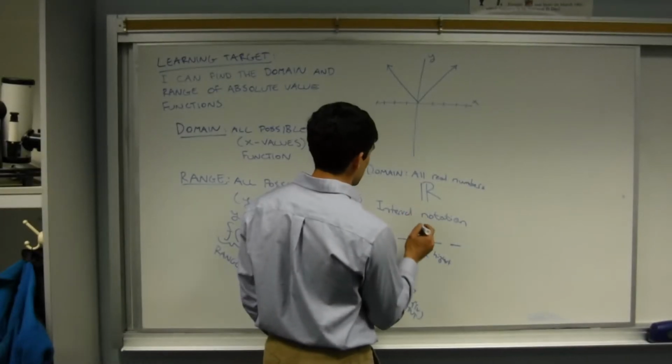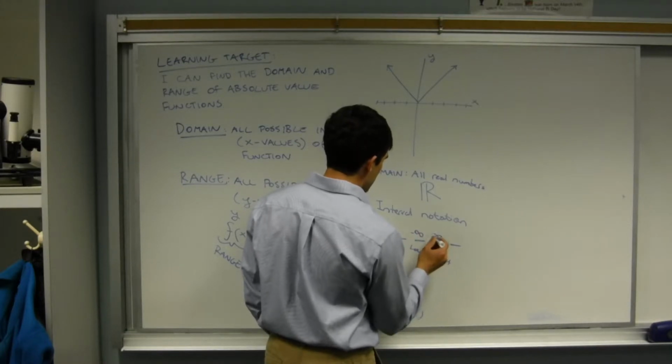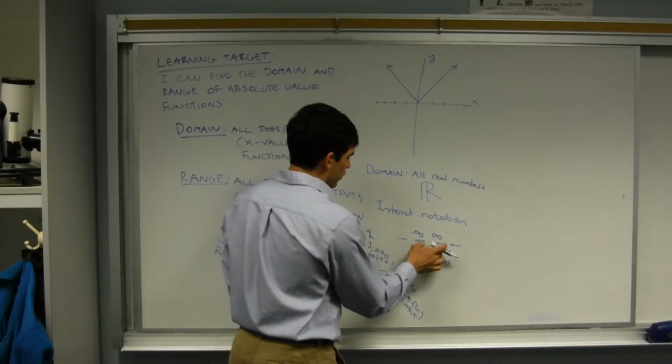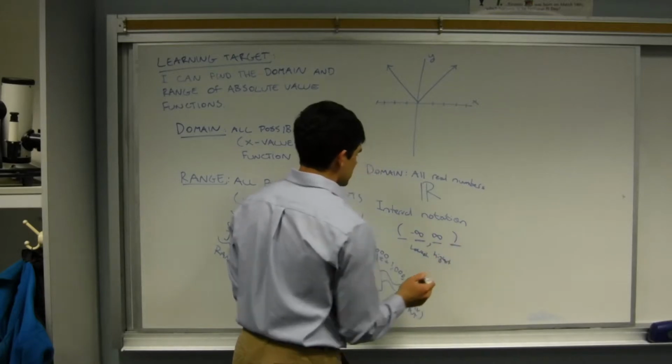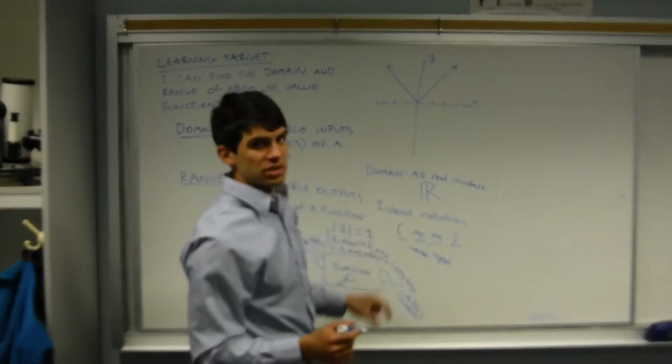So in this case, our lowest possible value is negative infinity, and our highest is positive infinity. And just by convention, whenever our bounds are either positive or negative infinity, we get parentheses. So that is our domain for this function.